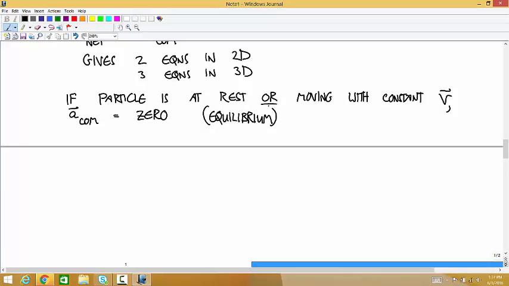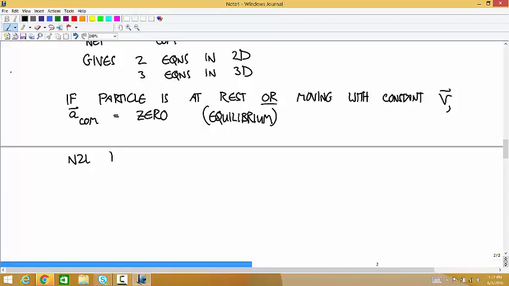And we get the particle equations of motion in statics. Newton's second law becomes: the net force acting on the particle is equal to 0.